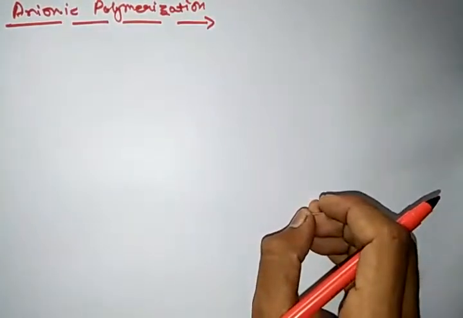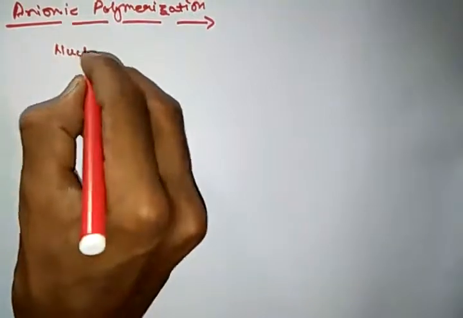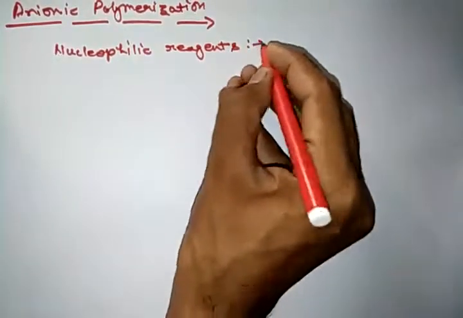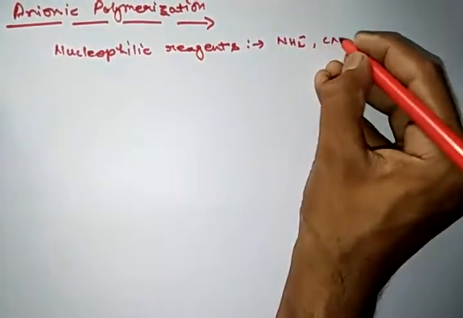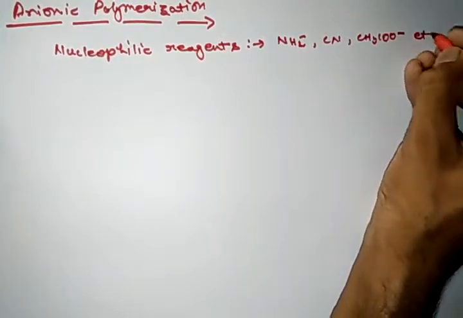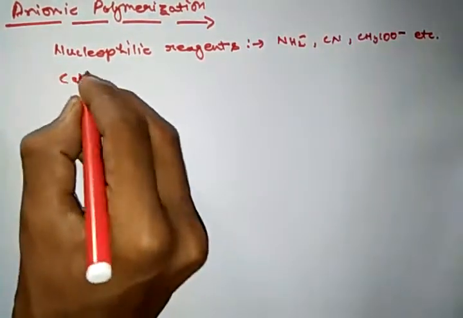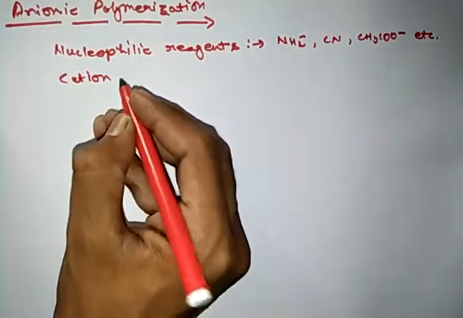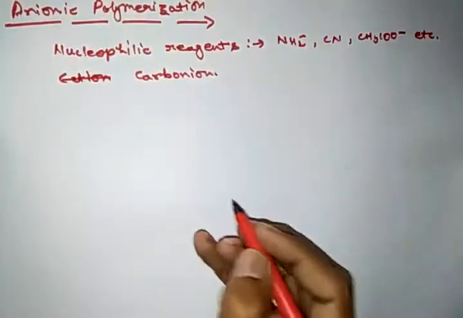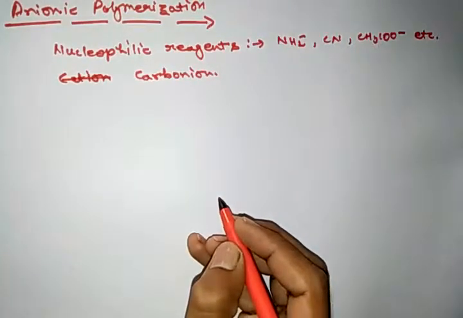In anionic addition polymerization, nucleophilic reagents like NH2-, CN-, CH3-, COO-, etc. participate and initiate the reaction to form a carbanion. The carbanion undergoes propagation and forms polymer.